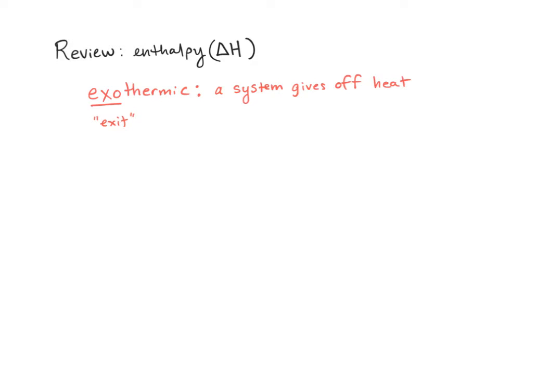A system gives off heat to its surroundings through an exothermic energy change. Mathematically, we describe the enthalpy for this system as being negative. Anytime a process is exothermic, delta H is less than 0. In other words, delta H is negative. It has a negative quantity value.